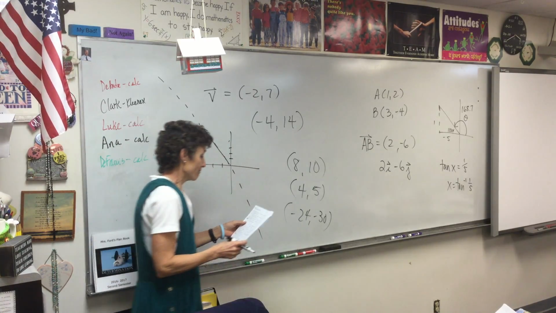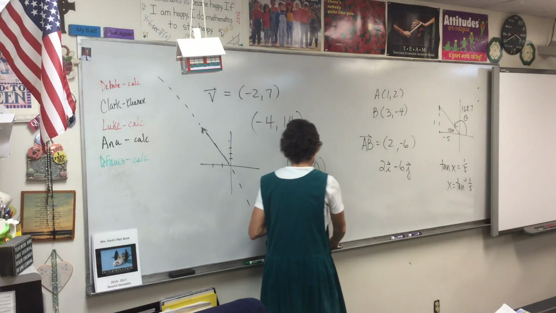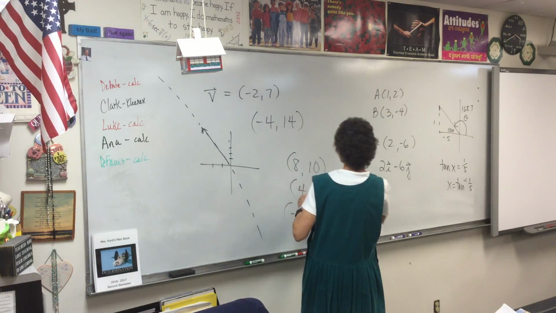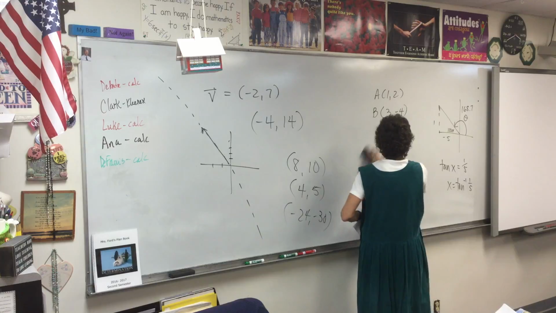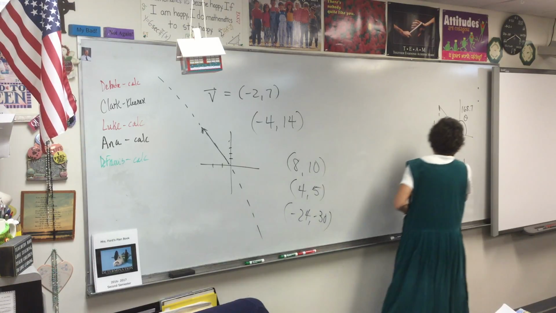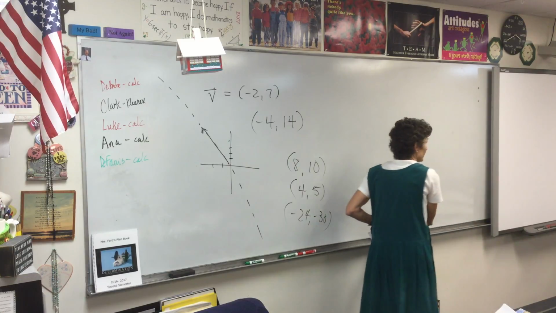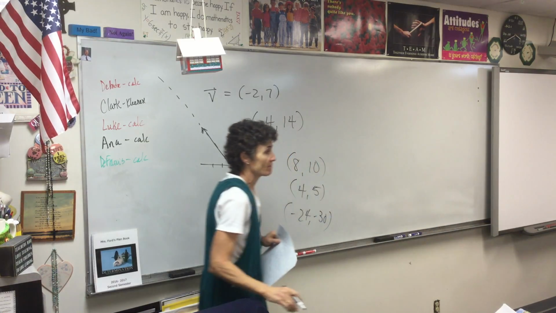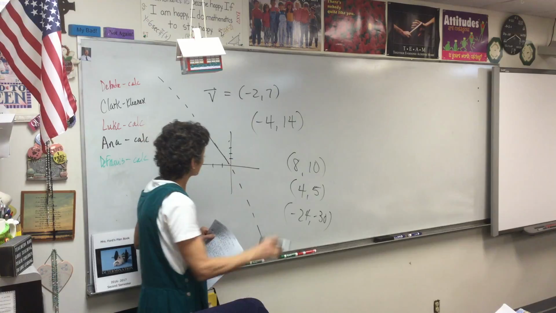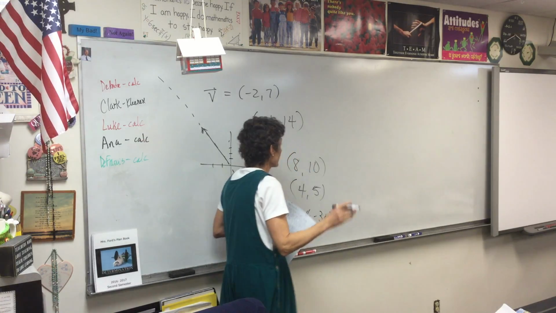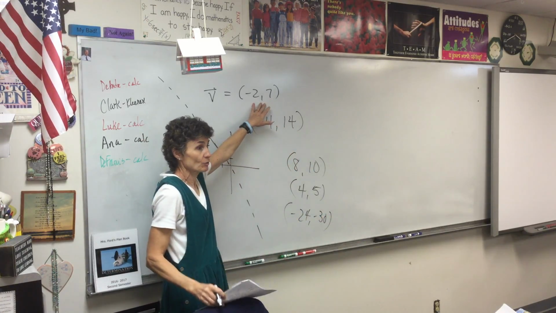All right, number 6. Find a vector orthogonal to negative 2, 7. So now we want to be not parallel, but perpendicular. Remember, orthogonal is a vector word for perpendicular. So, all right, can you think of one of those? This is our vector right here.